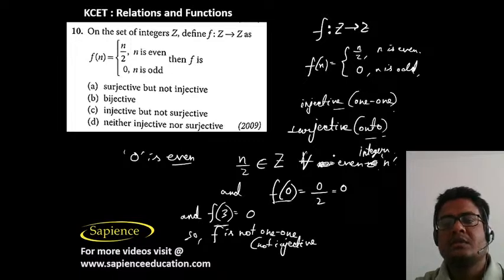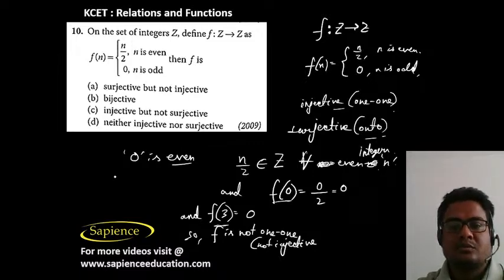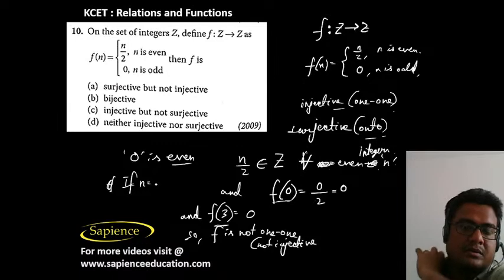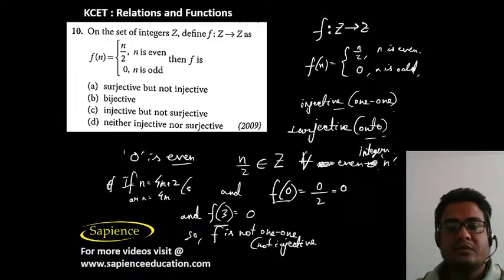But here, if n is an even number, it is divisible by 2, then n can be of the form 4m plus 2, or it can be of the form 4m, if n is even.